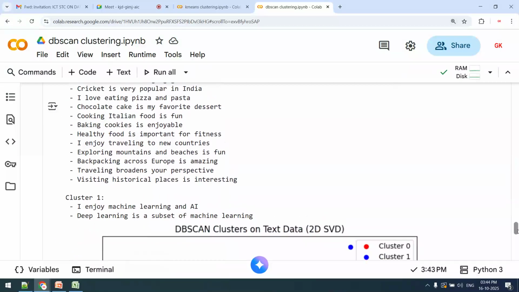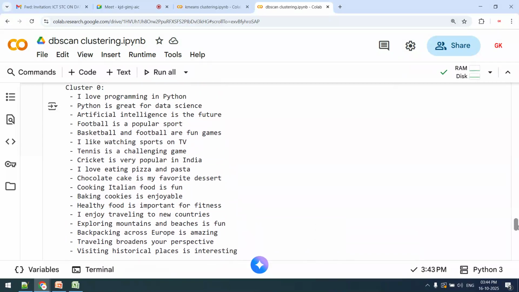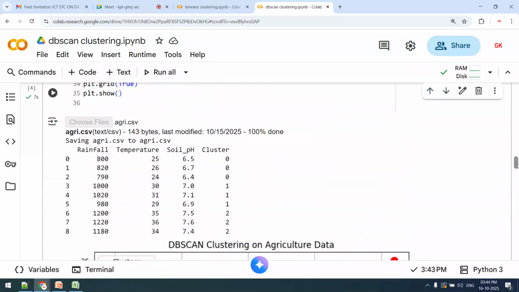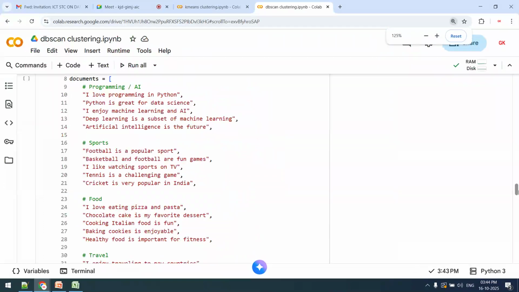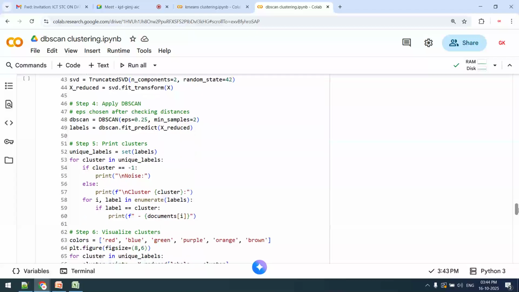For example, take sentiment data from e-commerce websites like Amazon or Flipkart, and you want to group it with certain criteria.